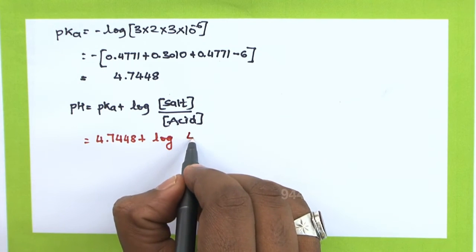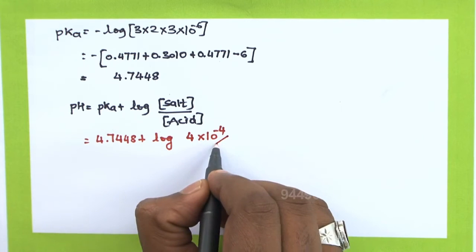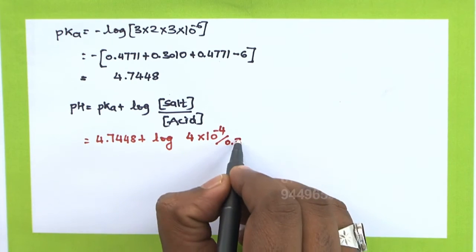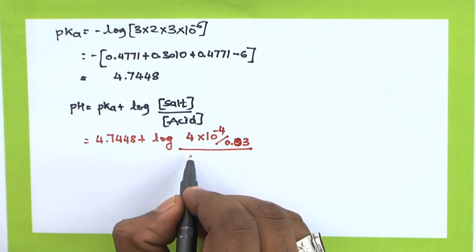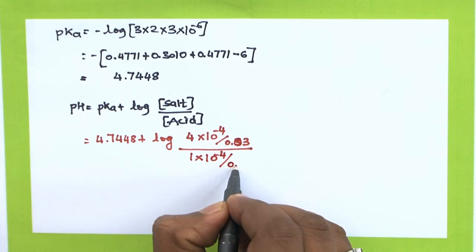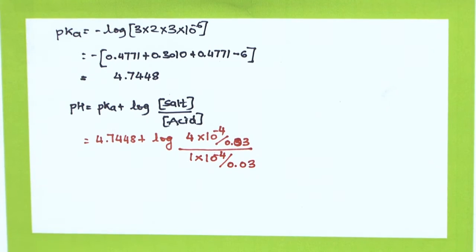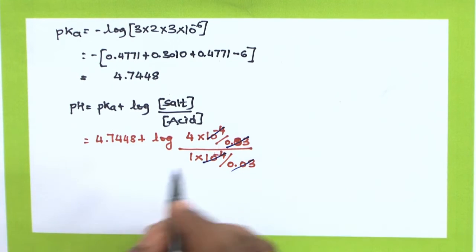Concentration of salt is 4 into 10 to the power minus 4 divided by 0.03, that is the volume, divided by concentration of acid, that is the number of moles, 1 into 10 to the power minus 4 divided by 0.03. The 0.03 gets cancelled, and 10 to the power minus 4, 10 to the power minus 4.